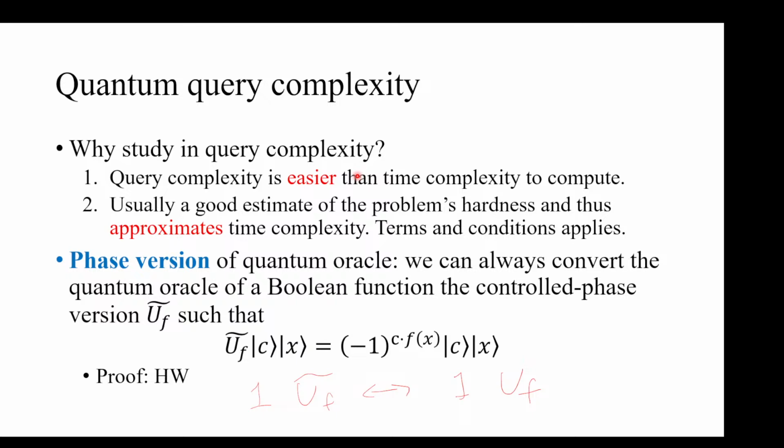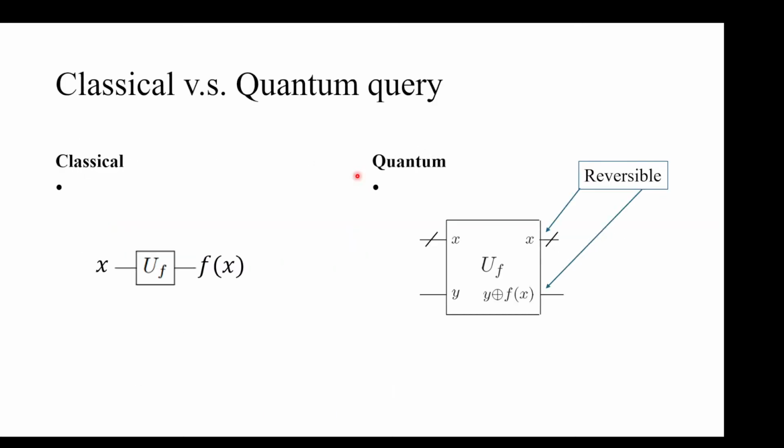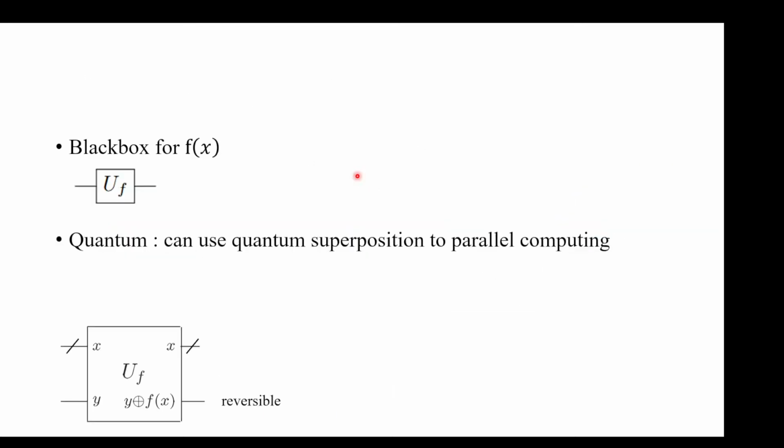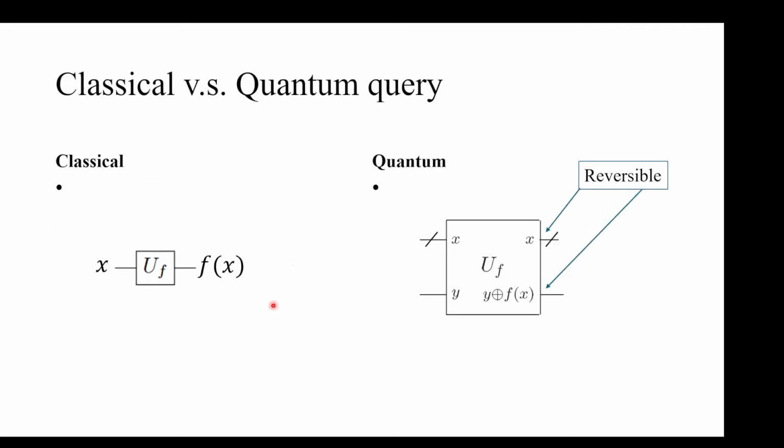And yeah, then I guess we have something very small to say here. Some comparison between the classical oracle and the quantum oracle. I'm not sure how many of you actually learned about the classical oracle, but let's just say here. Okay, so classical and quantum query.